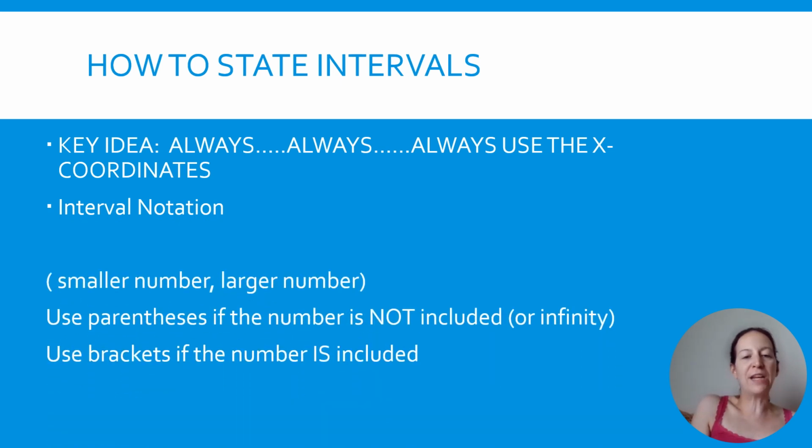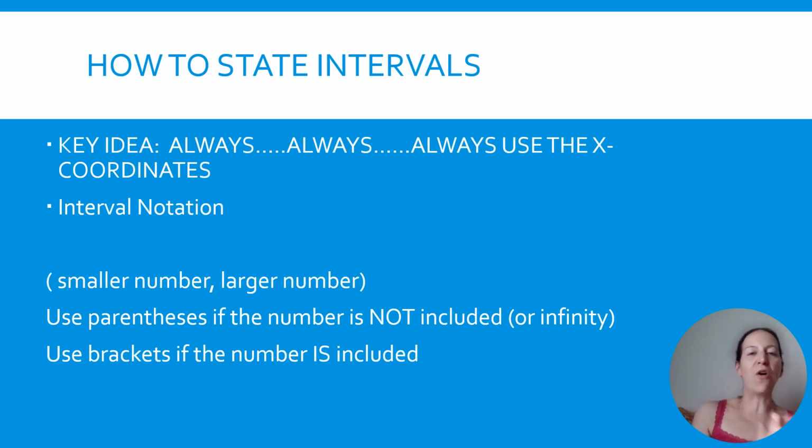In interval notation, the smaller number goes on the left and the larger number goes on the right. Always. So you'll have two numbers, or one of the numbers might be infinity. If it goes on forever, the interval will just have an infinity, or a negative infinity if it's going in the other direction.